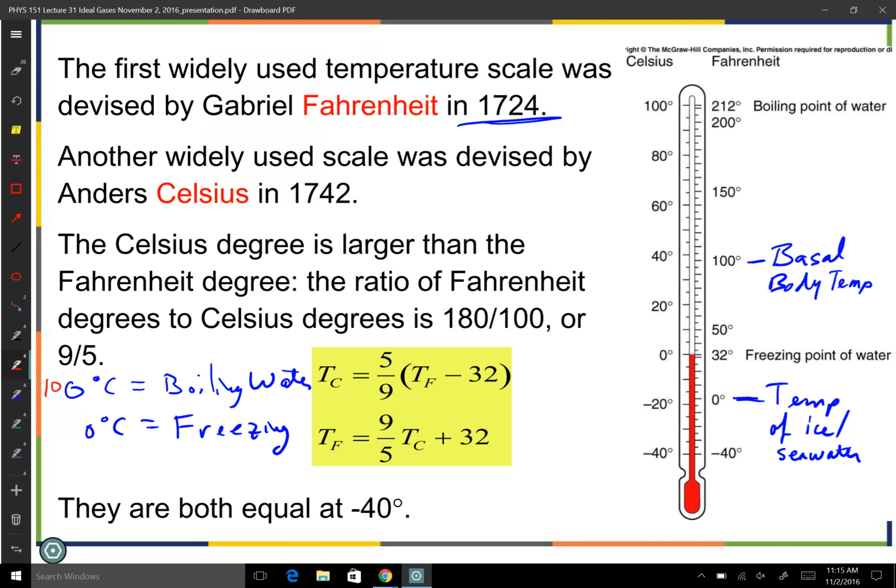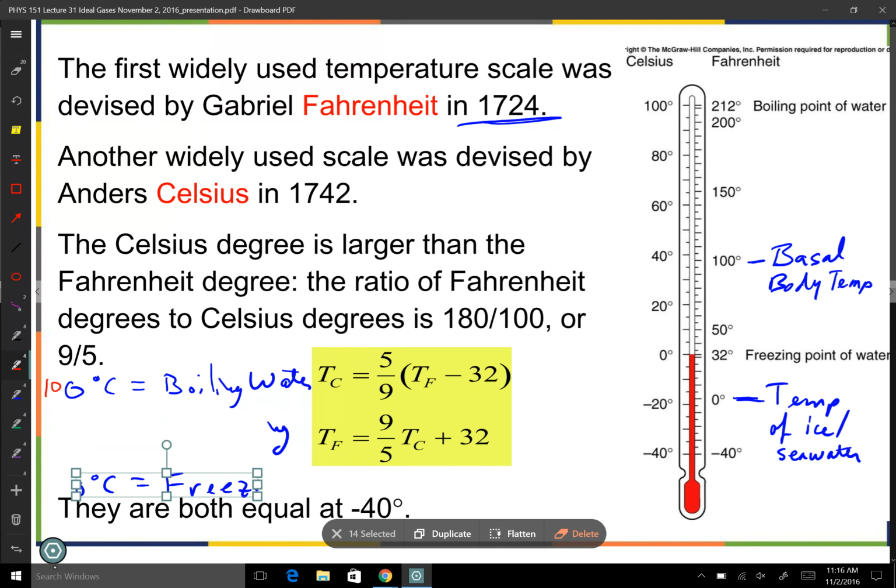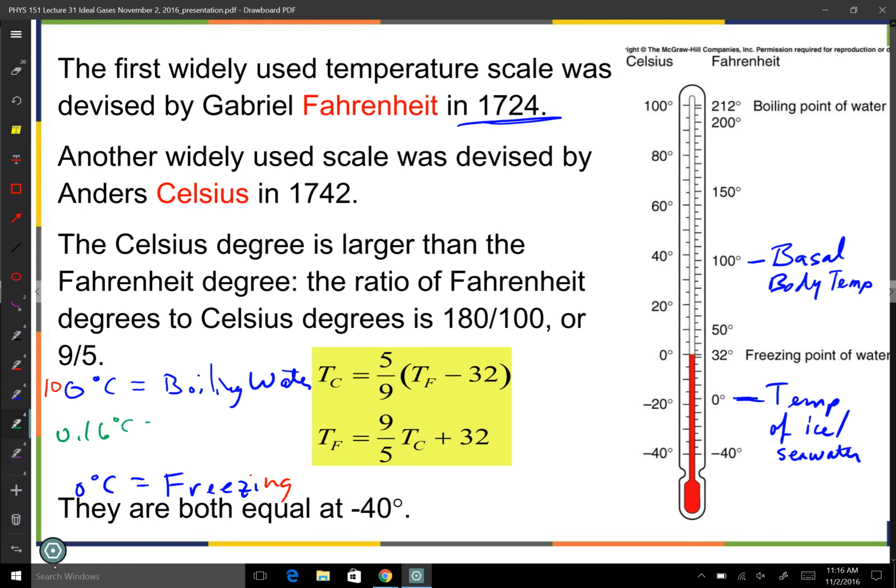It now has for its reference point a number that's between these. 0.01 degrees Celsius is the triple point of water.